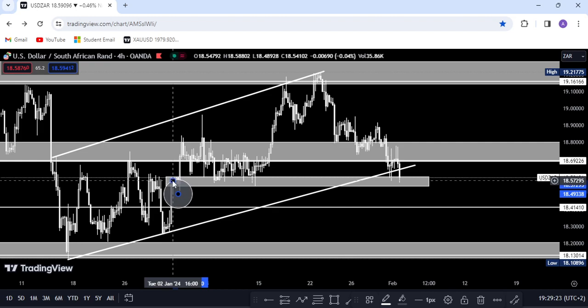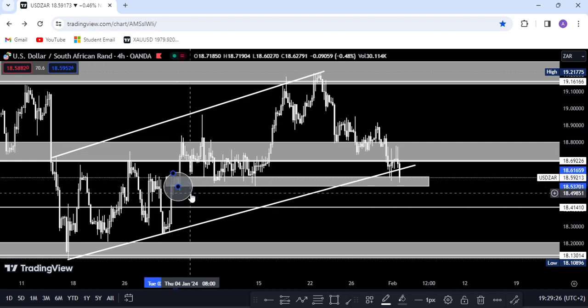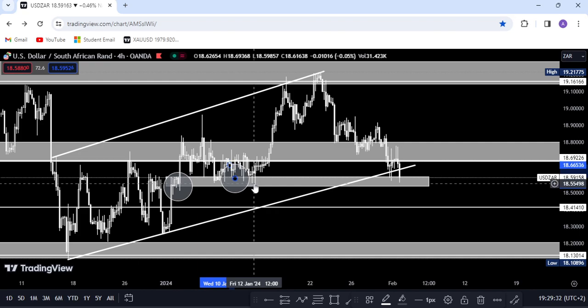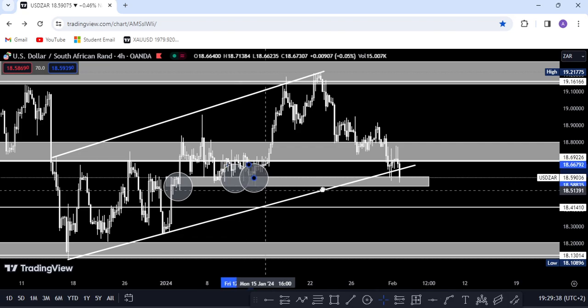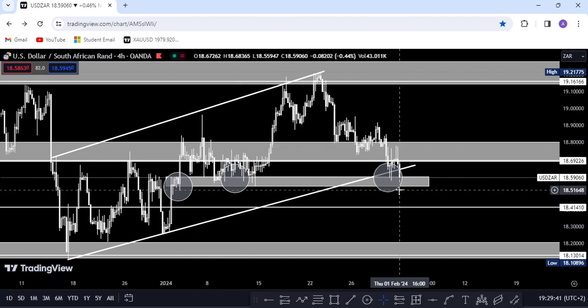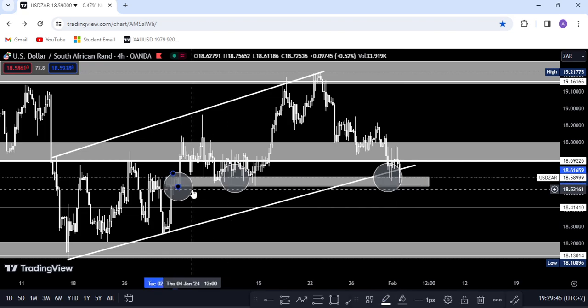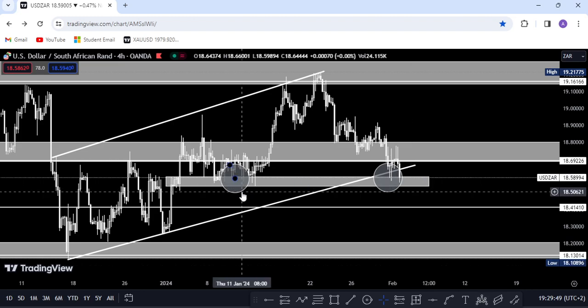If you can check here, prices bounced and went up, and here, this level, they bounced on this level, and also they bounced here. So this is a support. This is a support that's showing us that prices are being influenced in that area.